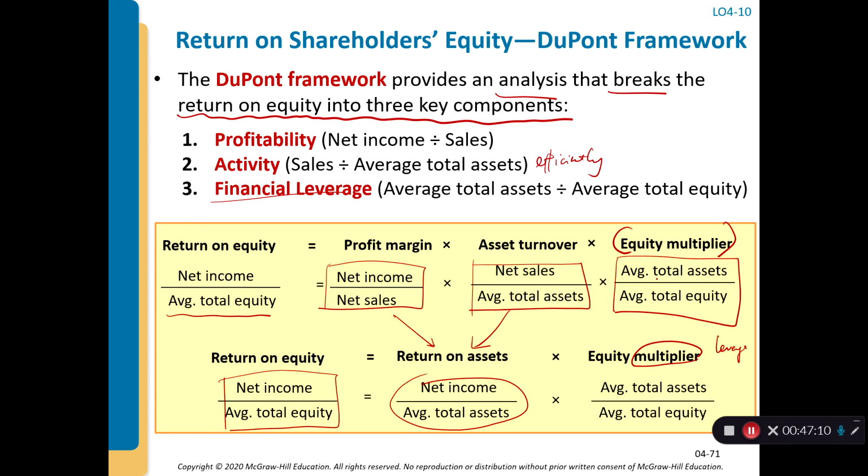In chapter 3, we have talked about that already. Higher leverage can provide more return to the company's equity holders. But we can also see from the second equation here that when the equity multiplier is greater than 1, it will produce a return on equity higher than the return on assets.